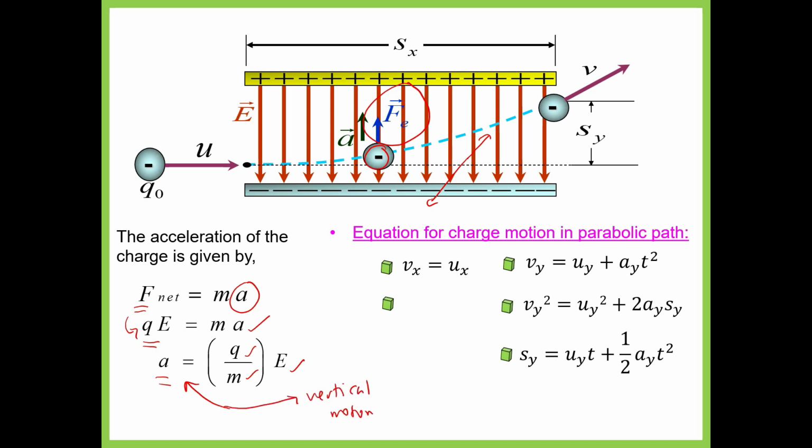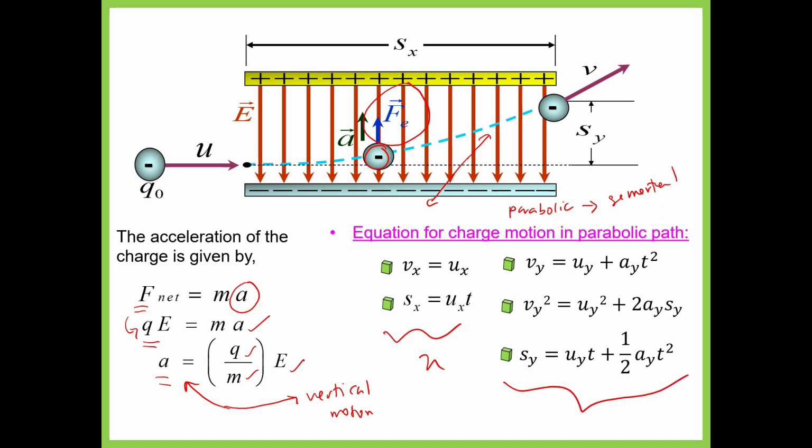And again, if this is a parabolic path, you can recall chapter 2 in the previous semester, semester 1, we learned about projectile motion. So in projectile motion, we have a few terms for x and y axis.